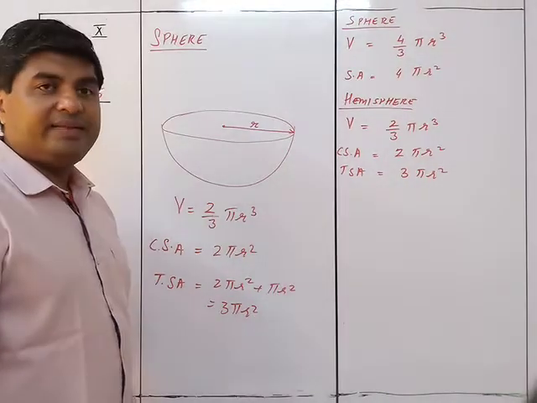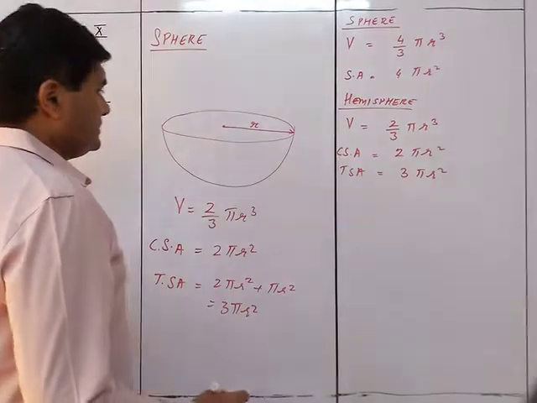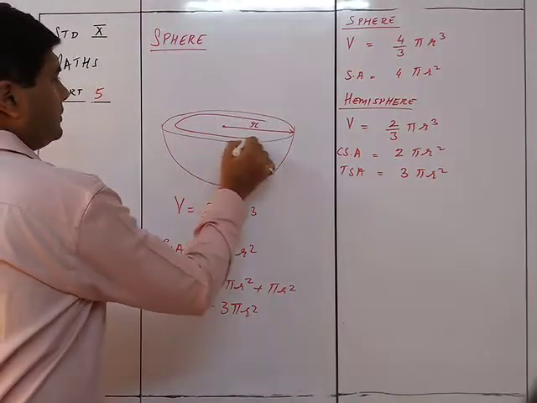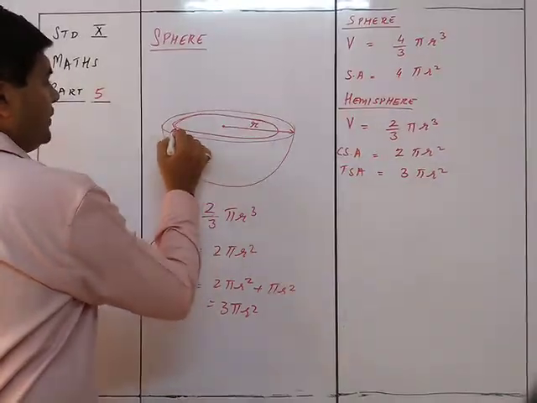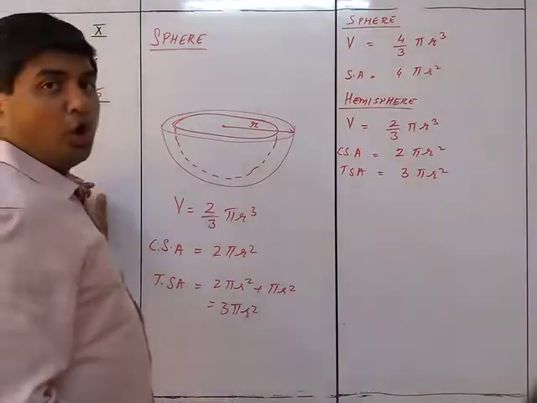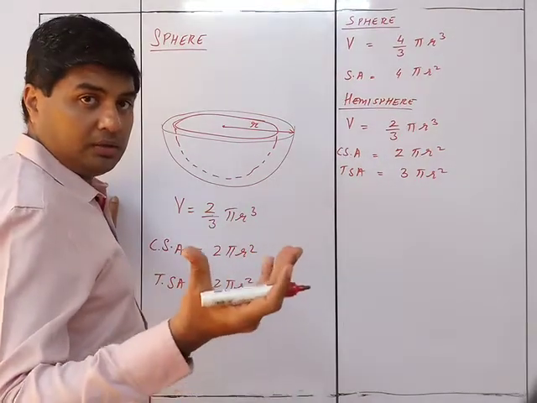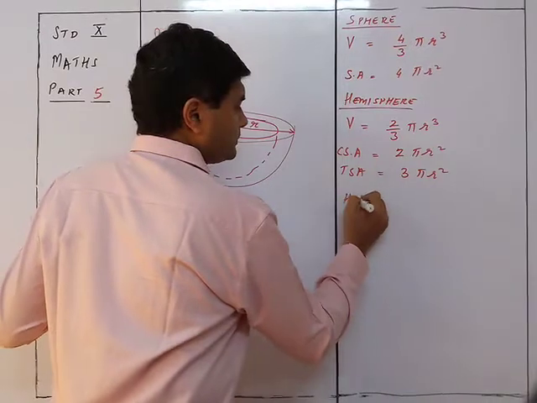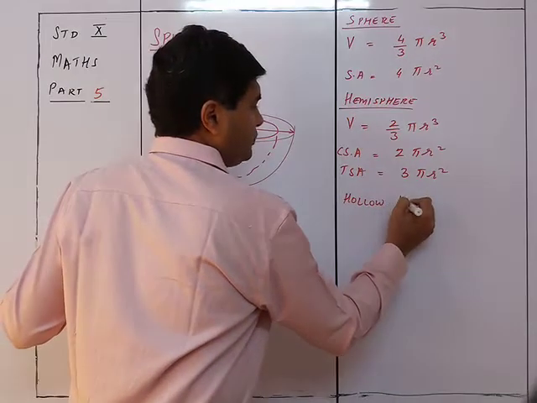Now we see the next thing, and that is, suppose I cut another hemisphere inside this. तो what will be forming will be a hollow hemisphere or a bowl, जो bowl जैसे बनता है वैसे बनेगा. So it will be a hollow hemisphere.